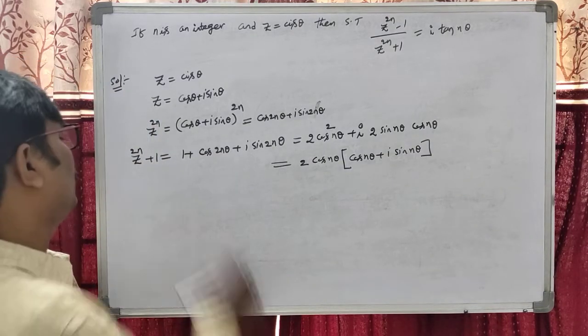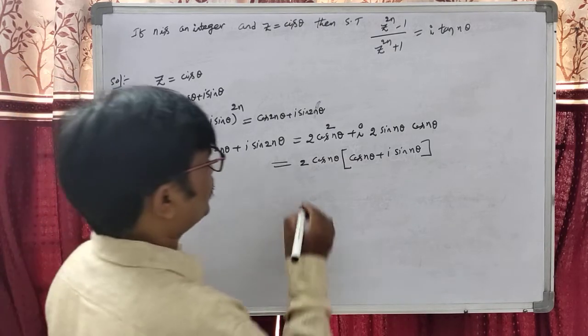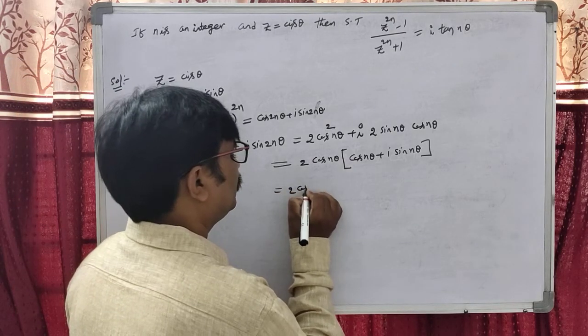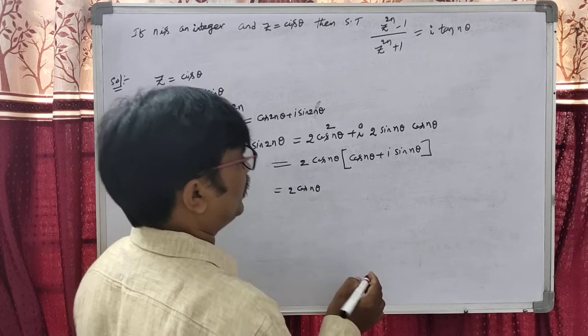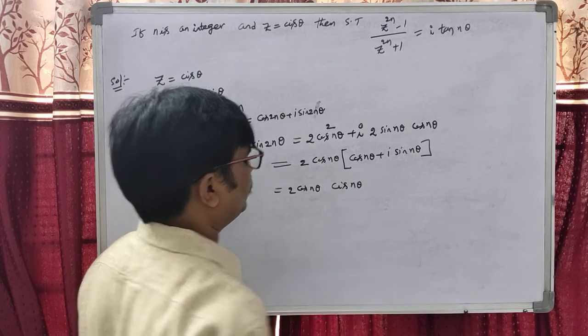So this is the value of z power 2n plus 1. Now this can be written as 2 cos of n theta. My dear student, this is cis of n theta.